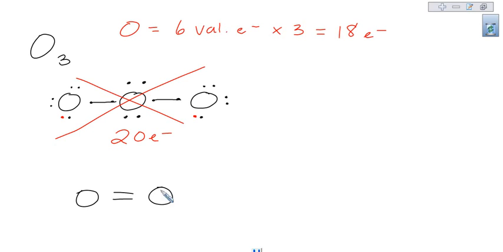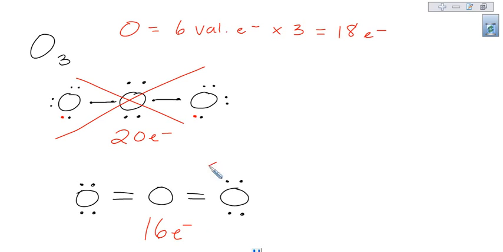I don't know, let's try 2 double bonds. Oxygen in the middle is done. He's got 8. And on the outside, these guys will need 2 lone pairs. Rule number 1 of a proper Lewis structure, everybody has an octet. 6, 8, 10, 12, 14, I have octets, but then rule number 2, I got to use 18 electrons.